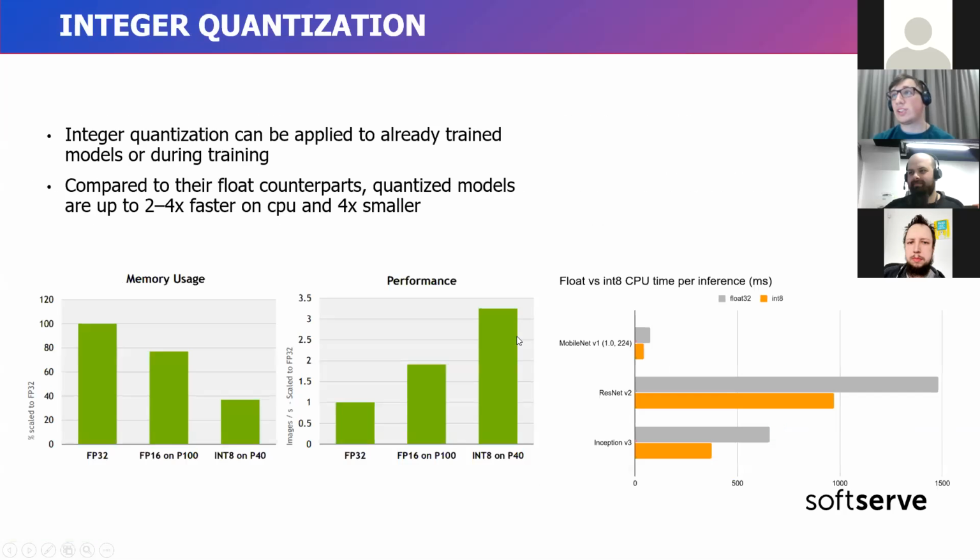Also, we can achieve some more optimization using even lower precision, like integer. We can use int 8, int 4, or even binary networks.